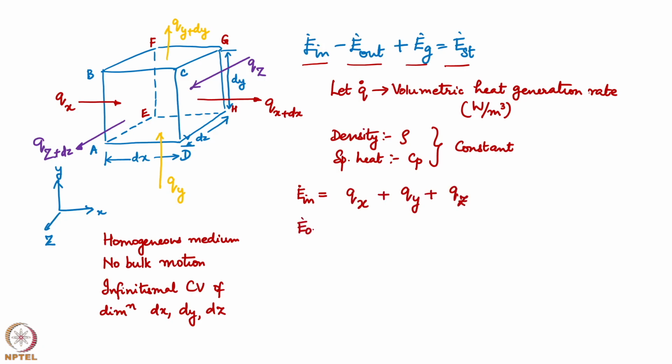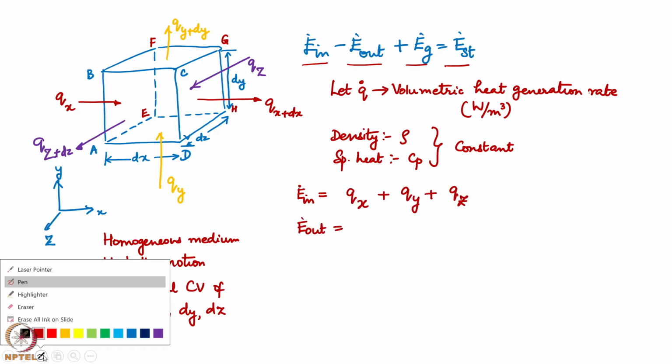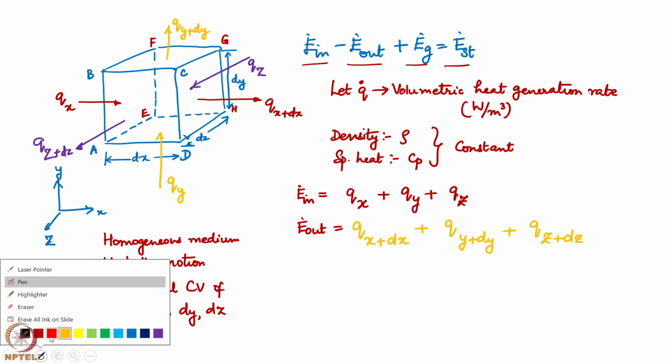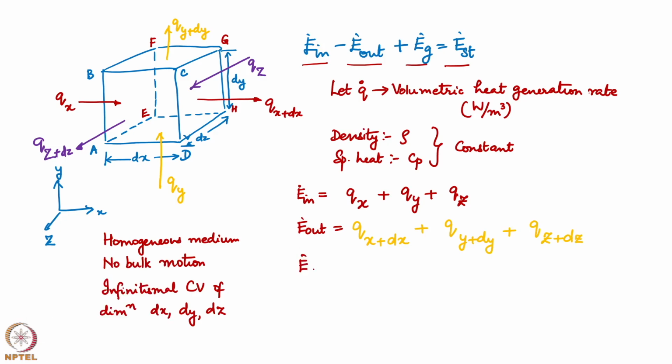E dot out is nothing but q of x plus dx plus q of y plus dy plus q of z plus dz. Energy generated is E dot gen, which is nothing but the volumetric heat generation rate into dV, which is the volume of the control volume, which is q dot into dx dy dz.